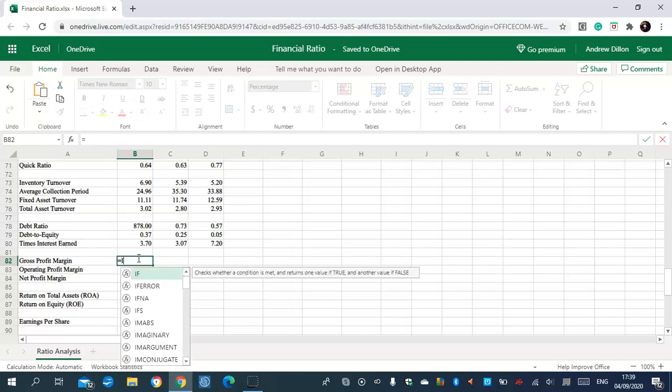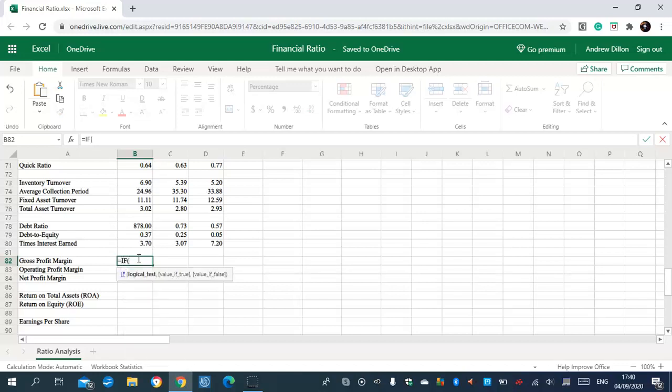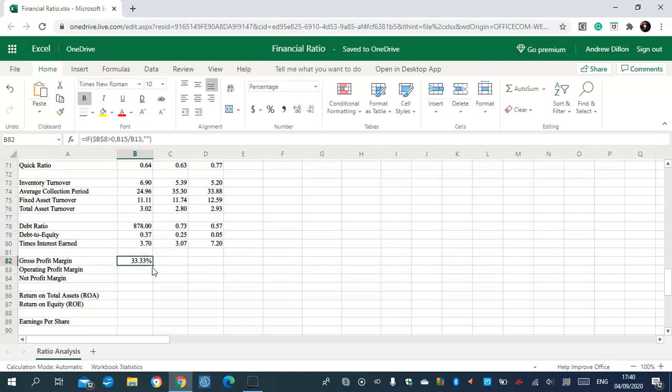If statement once again. Percentages answer.